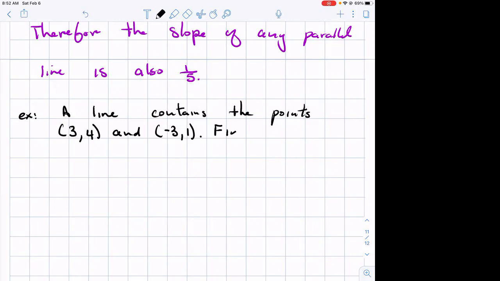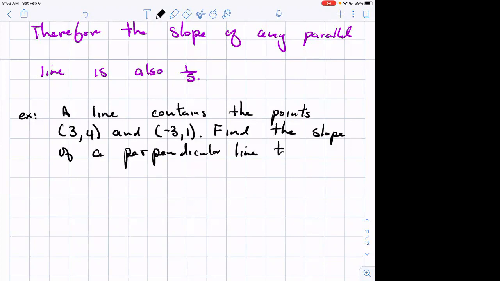Find the slope of a perpendicular line to the line that passes through these points.